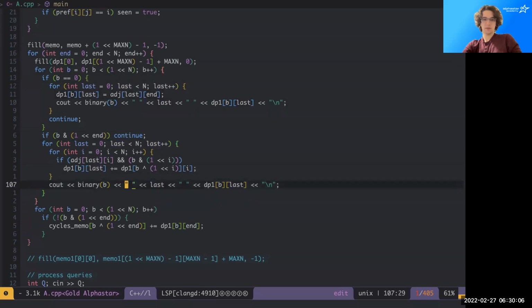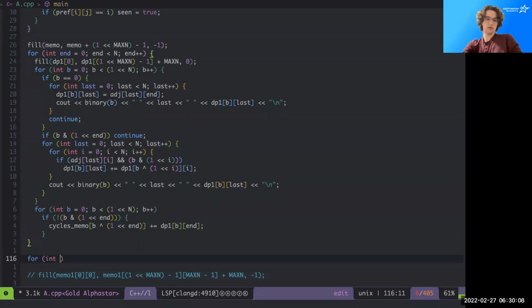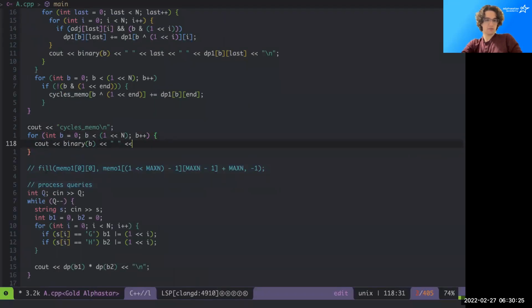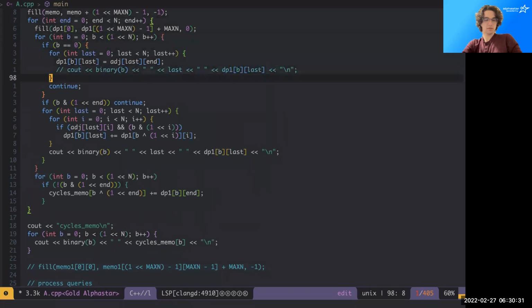So somehow our cycles combination is going wrong because we know that our previous code worked, the DP. So which is why I just will submit it. Comment these out.